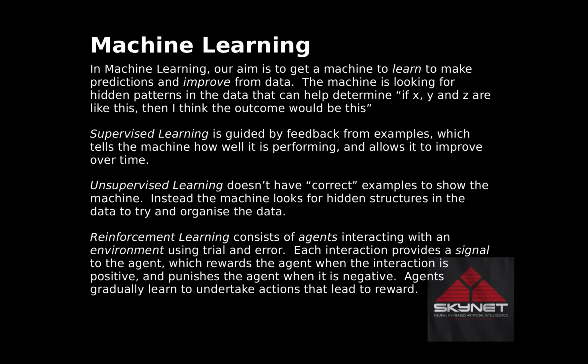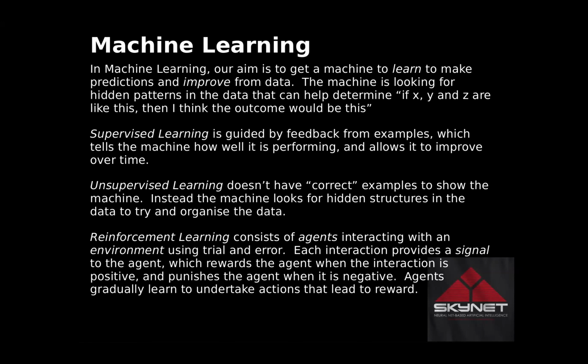Might be hidden stuff within the data that we can't even see. We're essentially trying to get the machine to say, look, if the inputs are like this, then I think the outcome is going to be this. So if I see these observations, then I predict that this person has this condition, for example.